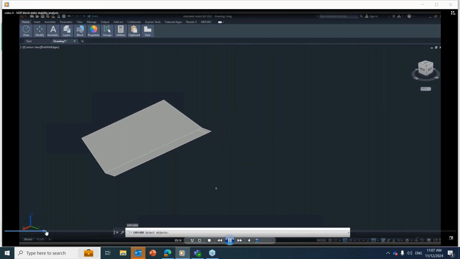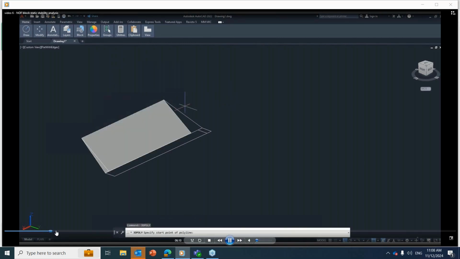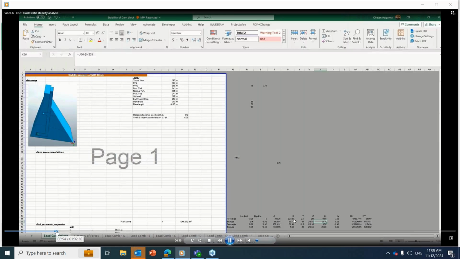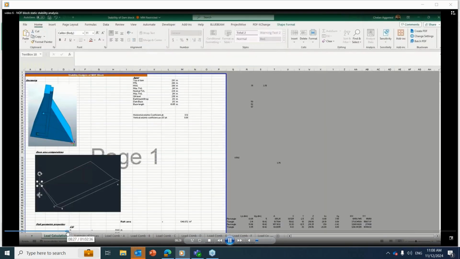But if you are confident, you can of course compute it manually for this inclined portion. So I have used AutoCAD for evaluating the CGs, using the mass prop command, and then taking it to my Excel sheet, because I'll be needing these CGs and moment of inertias for computing the base pressures.